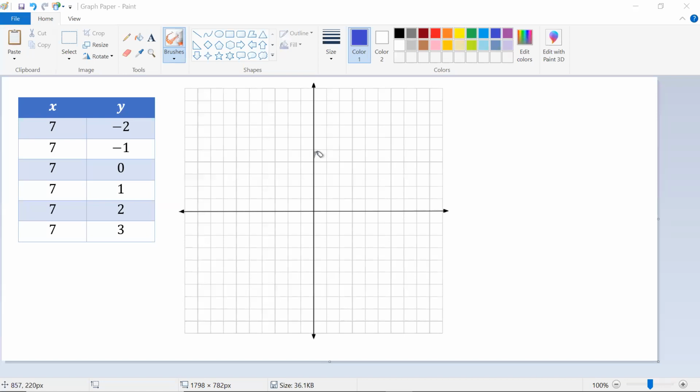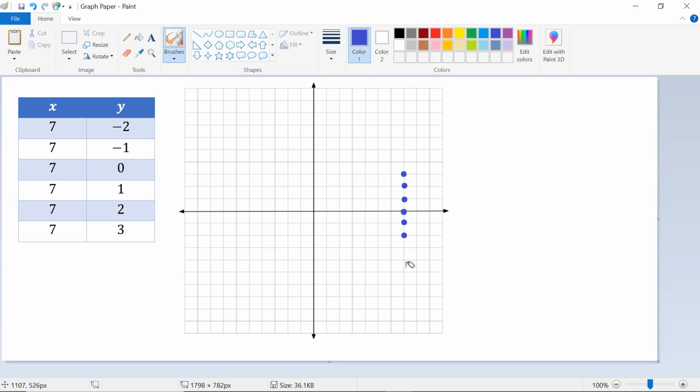So we turn to our grid paper, 7, -2 is this point down here. 7, -1 is this point here. 7, 0, 7, 1, 7, 2, 7, 3, and you could imagine that no matter what y value we plug in, we always get 7.